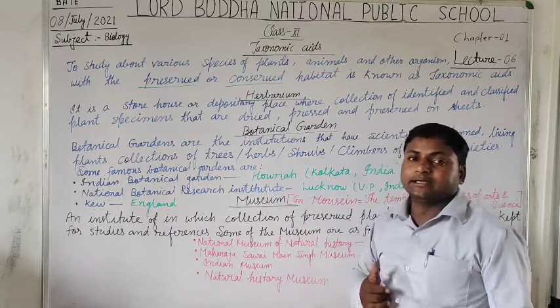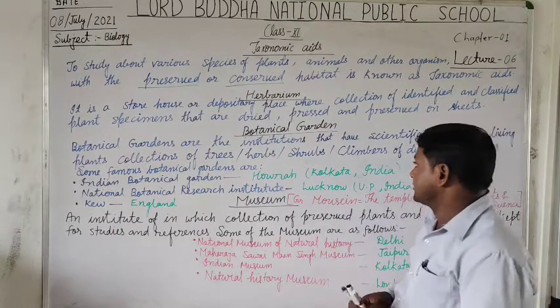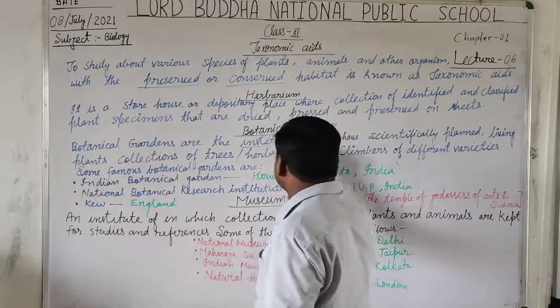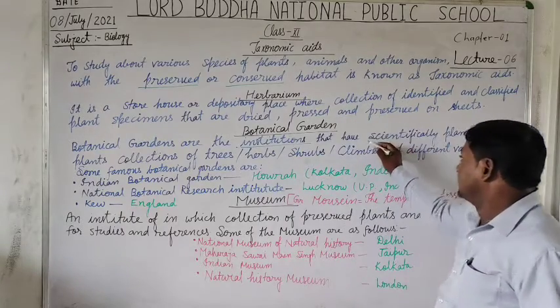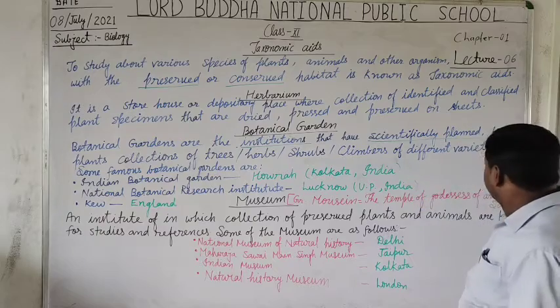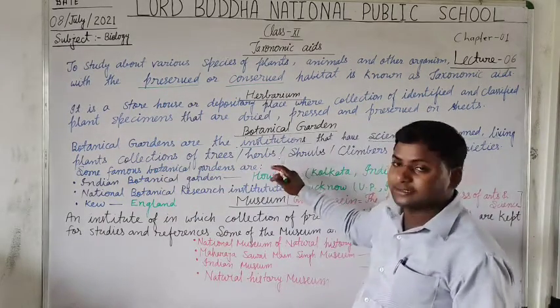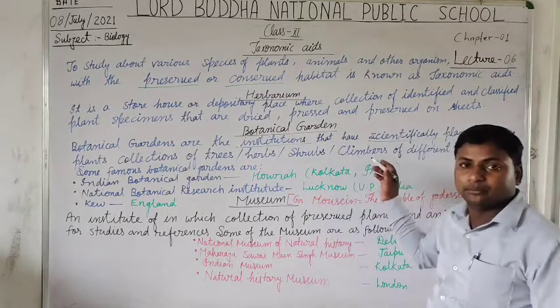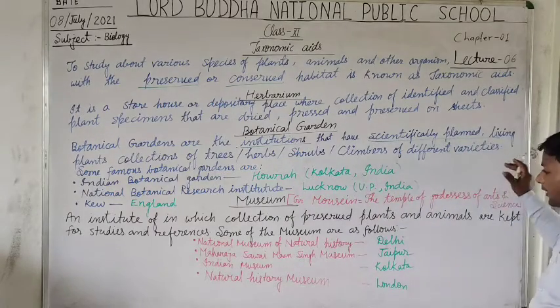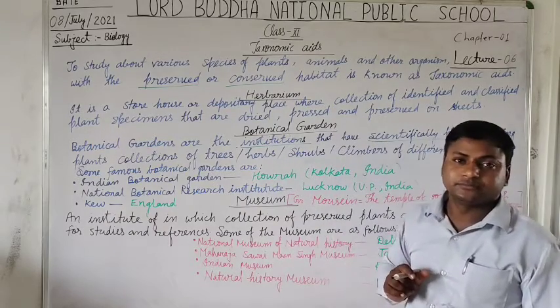Botanical gardens are institutions that have scientifically planned living plants, collections of trees, herbs, shrubs, and climbers of different varieties.